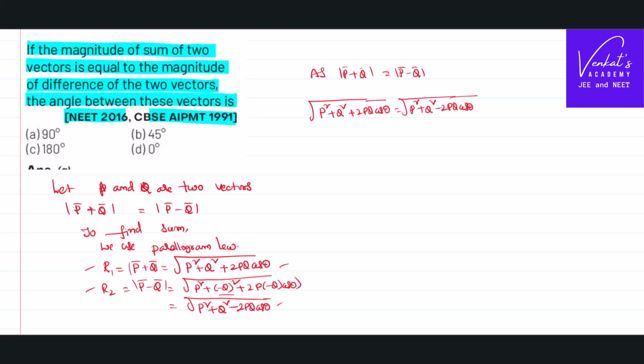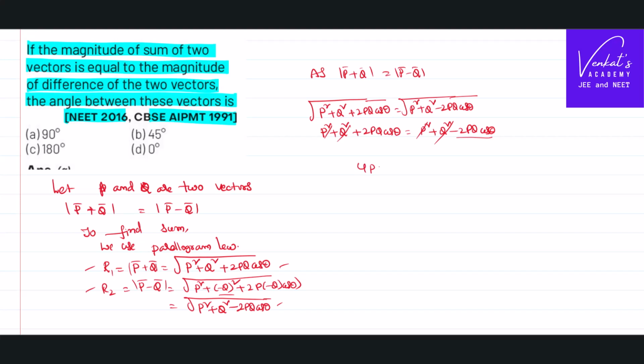Let us square this equation on both sides. Therefore, the roots will go. P square plus Q square plus 2PQ cos theta equals P square plus Q square minus 2PQ cos theta. P square and Q square on both sides will cancel. Minus 2PQ cos theta on the other side becomes plus.